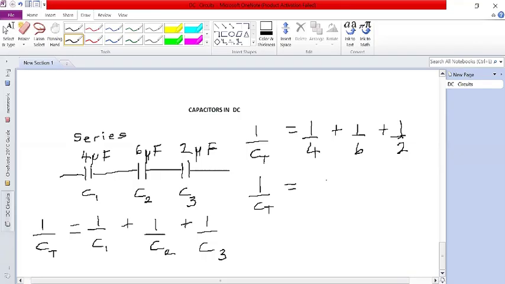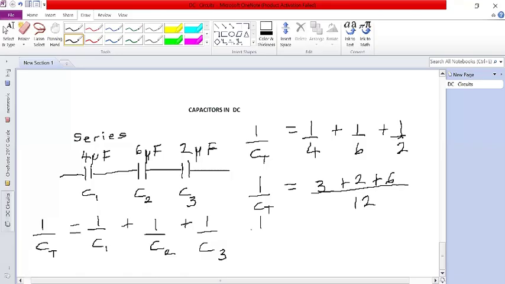For the denominators 4, 6, and 2, our lowest common denominator is 12. 4 goes 3 times into 12, and 3 times 1 is just 3. 6 goes 2 times into 12, and 2 times 1 is 2. 2 goes 6 times into 12, and 6 times 1 is just 6.